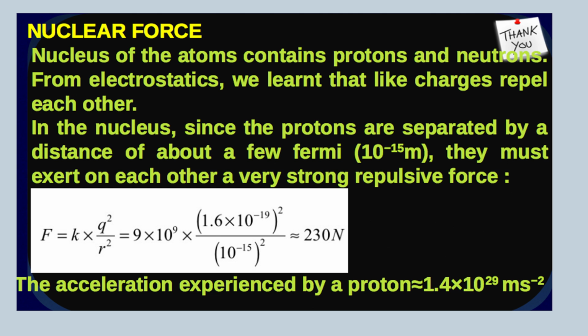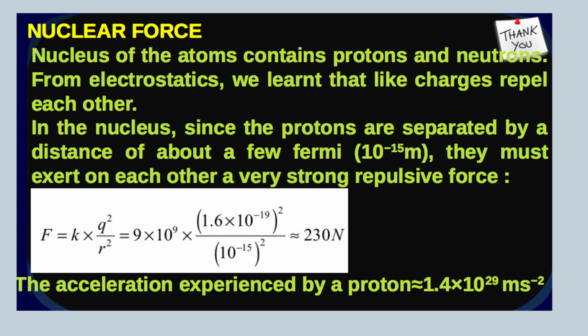If we consider the protons inside the nucleus, whose maximum size is on the order of 10 to the minus 15 meters, then using Coulomb's formula, F equals K multiplied by Q over R squared, and putting in the charge of the proton and a distance of 1 Fermi, the electrostatic force between two protons is about 230 Newton, and this is high enough.